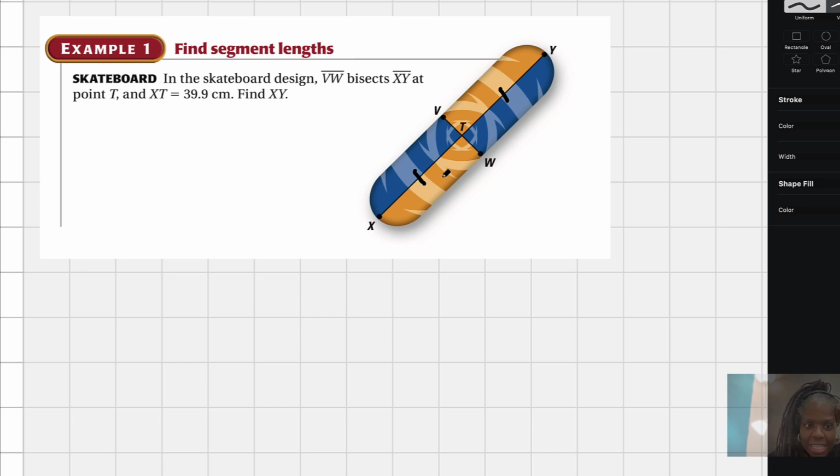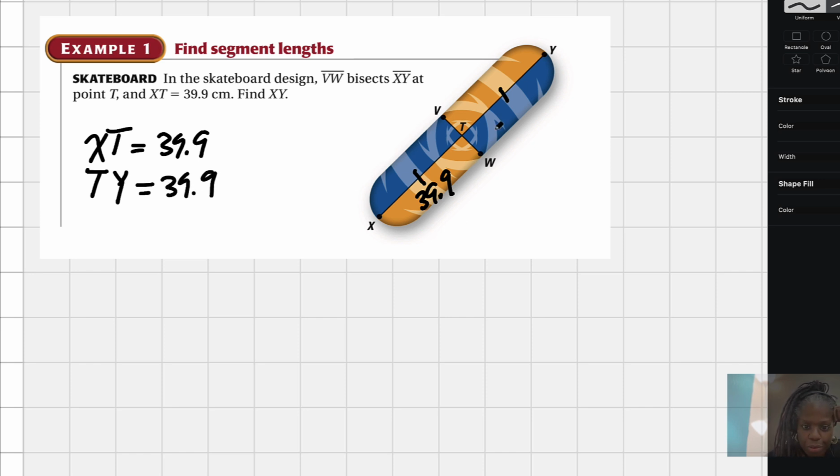If XT is 39.9, find XY. So if XT is 39.9, we know that, let me write it down, XT, no line at the top means the length, is 39.9. Something else here has to be 39.9. And if you said TY, you are on it. So TY must also be 39.9.